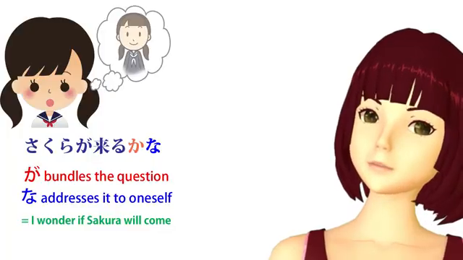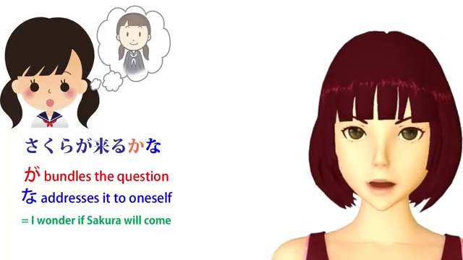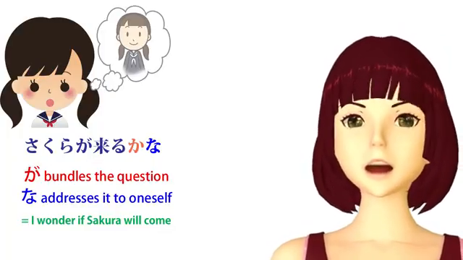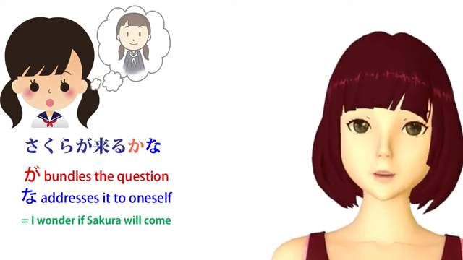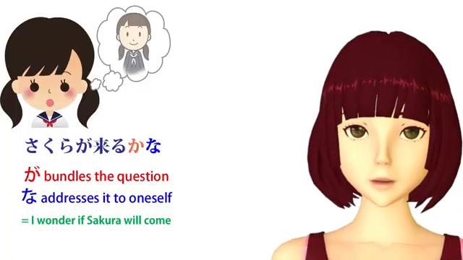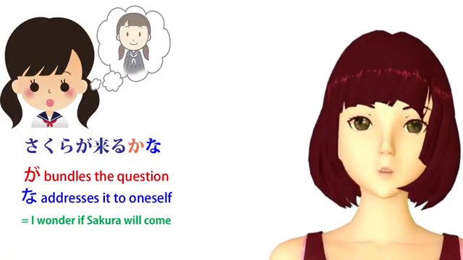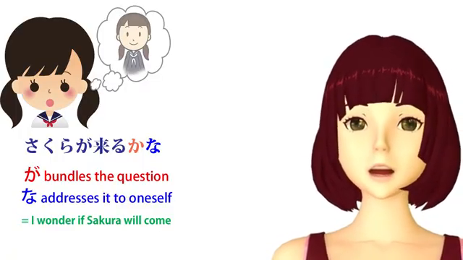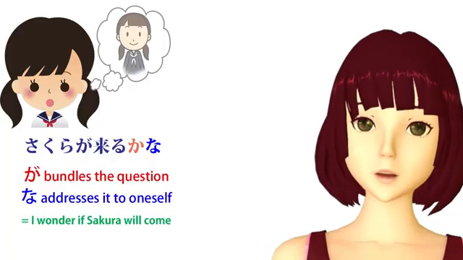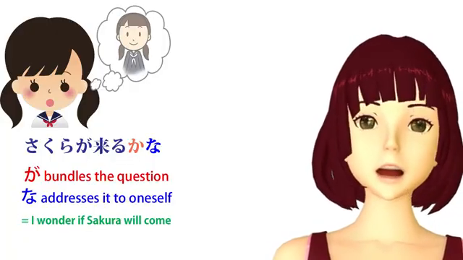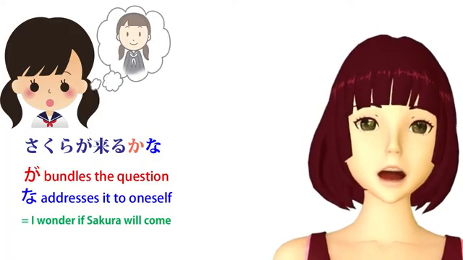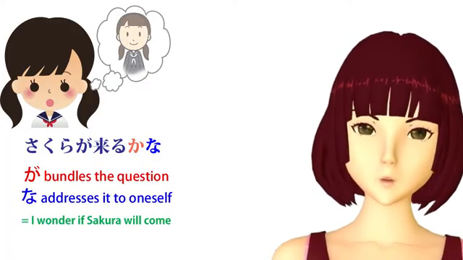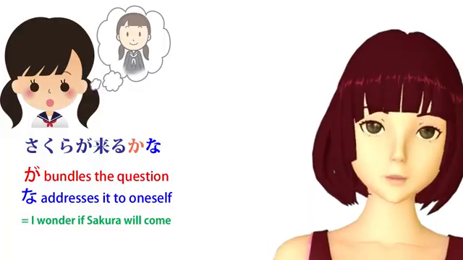Na, as we've discussed in another video, is a marker that indicates addressing something to yourself. So you're saying, will Sakura come? Addressing that to yourself. The way we would say that in English is, I wonder if Sakura will come. I am pondering the question of whether Sakura will come.